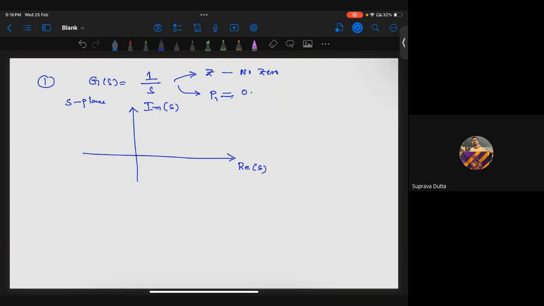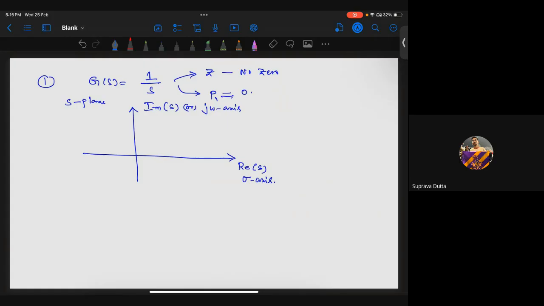We call this the j omega axis, and this one the sigma axis. Then we represent these poles and zeros on this plane.